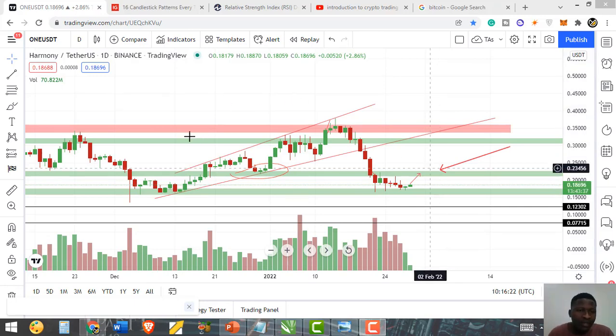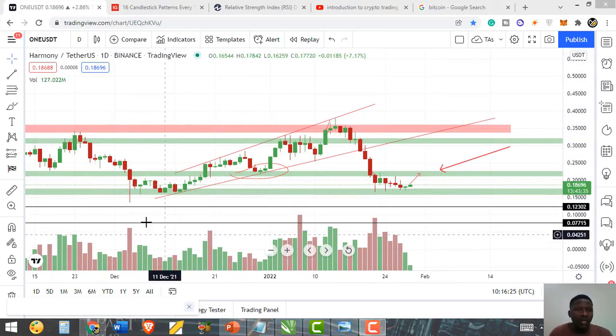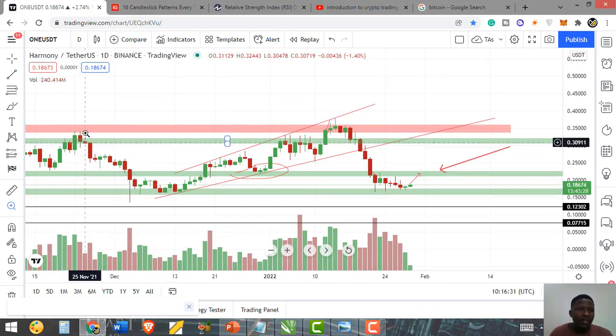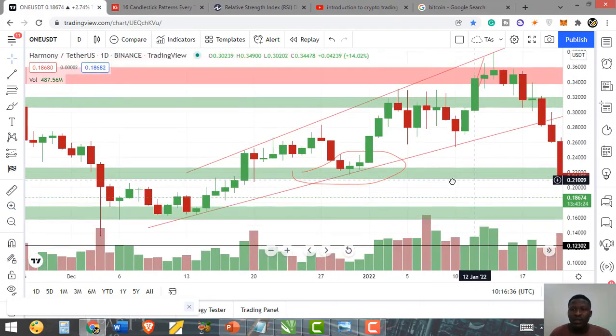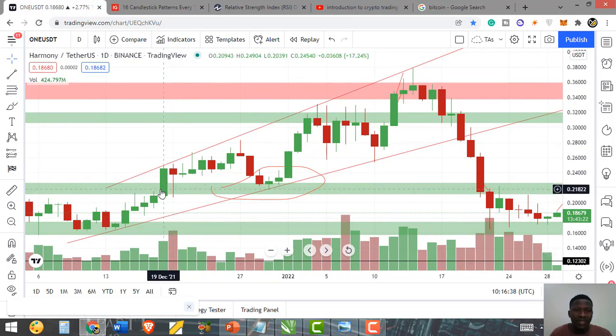So heading back to the chart for more explanation, you can also see the green and the red candlesticks as I earlier mentioned. Now let me zoom so that you see clearly. Now we can see green, red, green, green, green, red, green, red.